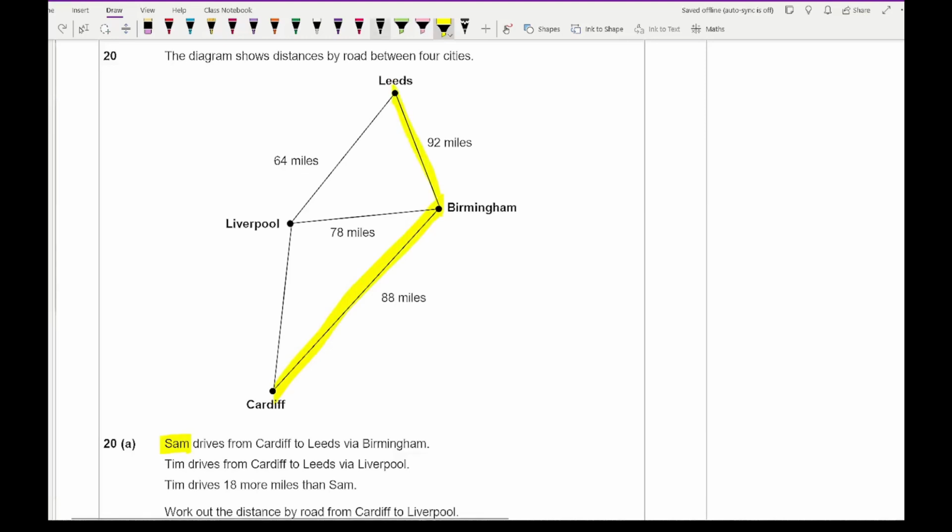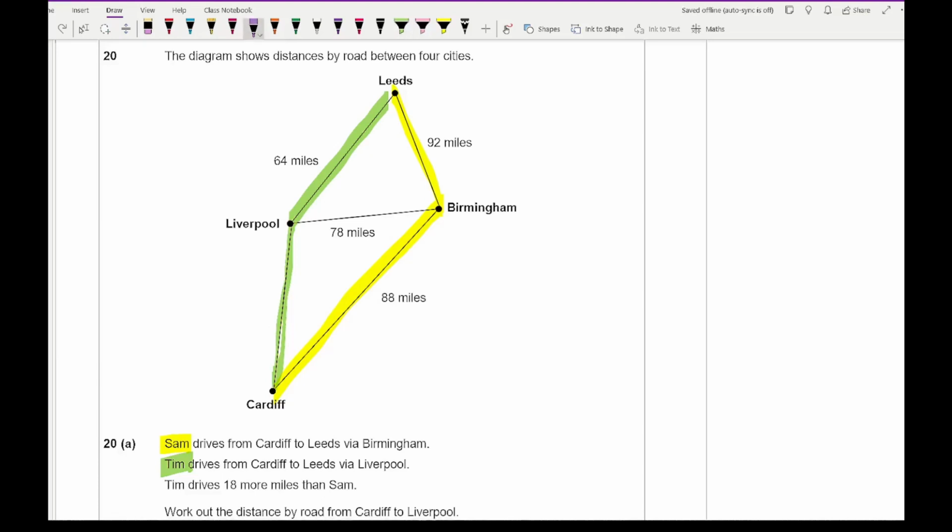And Tim drives from Cardiff to Leeds via Liverpool, so he's going this route here. And it says that Tim drives 18 miles more than Sam. Work out the distance by road from Cardiff to Liverpool.